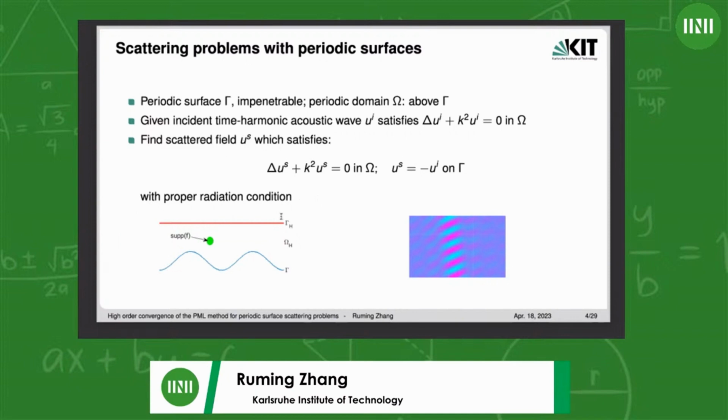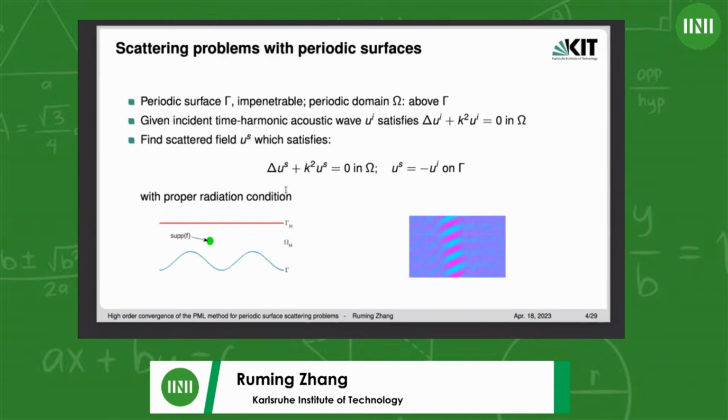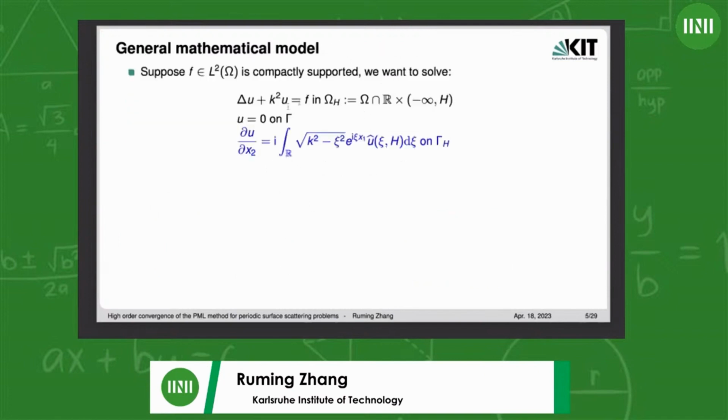So this is a physical problem, but from my point of view, I would like to consider a more general mathematical model. We reorganize these and write them in a more mathematical way. We assume that the total field U satisfies the Helmholtz equation with a source term F. Omega H is a domain between gamma and gamma H. The support of F is here, so it is compactly supported in omega H, and U equals 0 on gamma, the Dirichlet boundary condition.